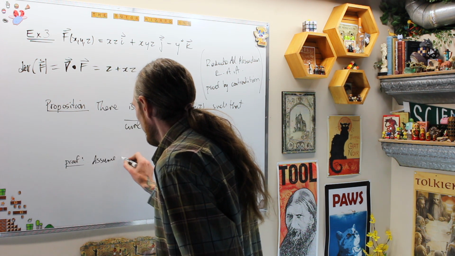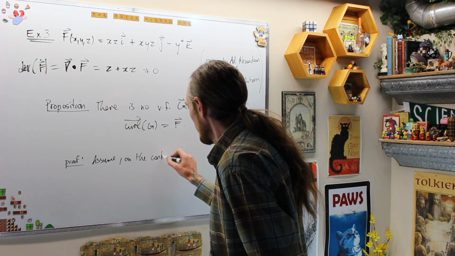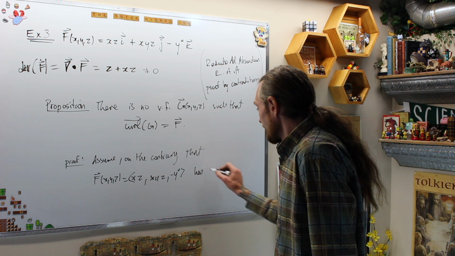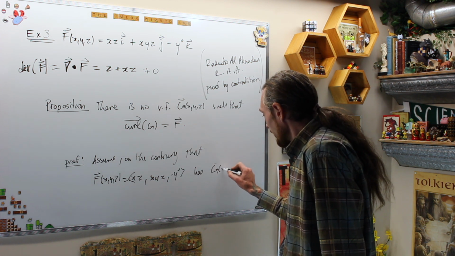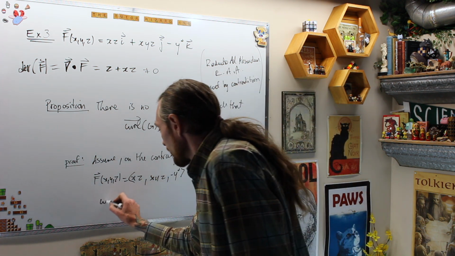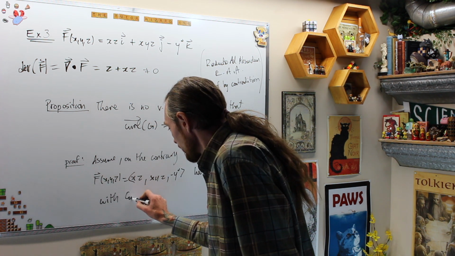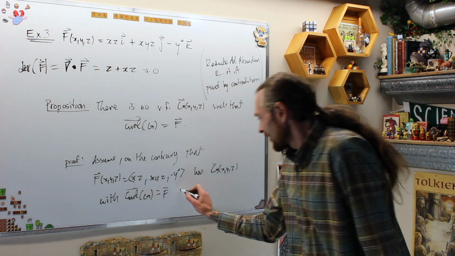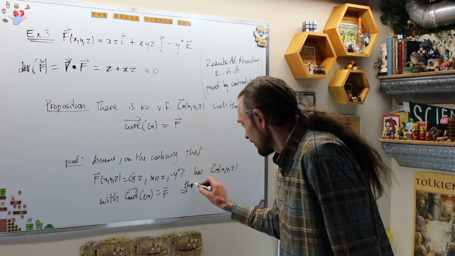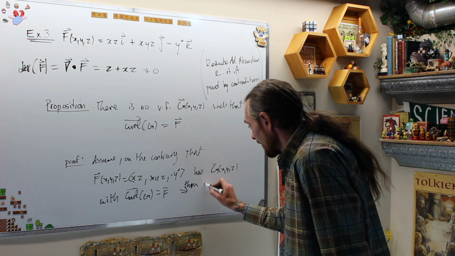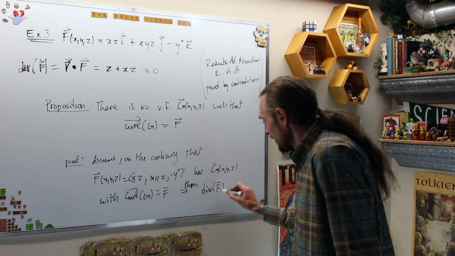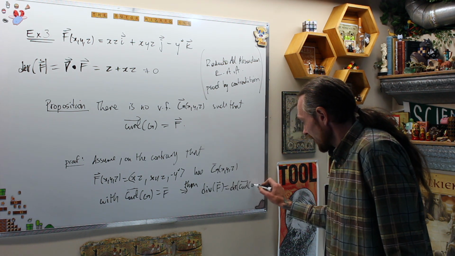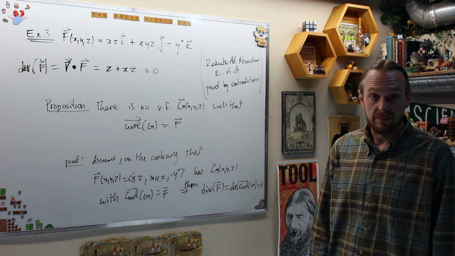Assume, on the contrary, that this F has G of x, y, z with curl of G equals F. Then immediately by our theorem, we have that the divergence of F is equal to the divergence of the curl of G, which is 0 by our theorem.